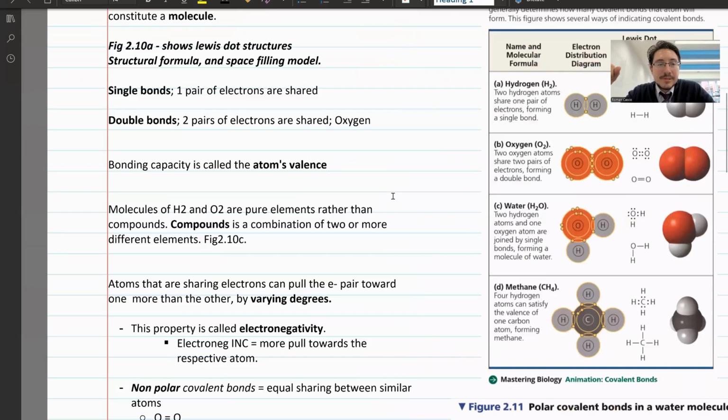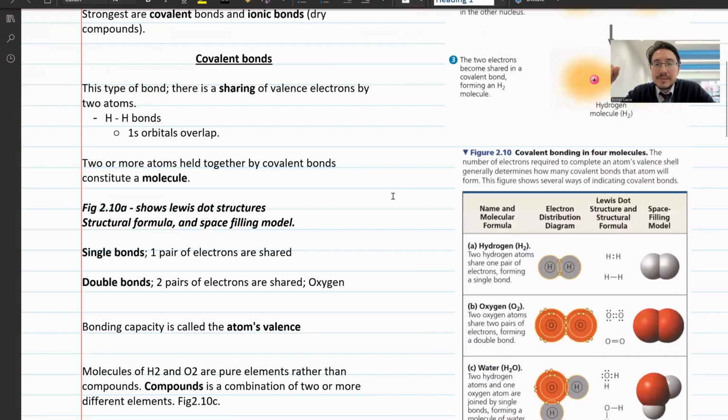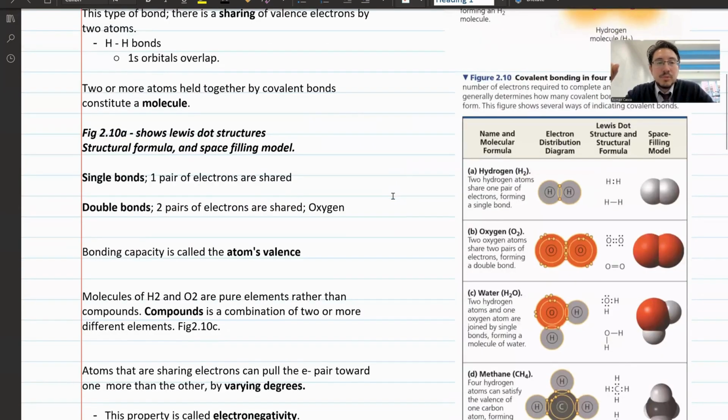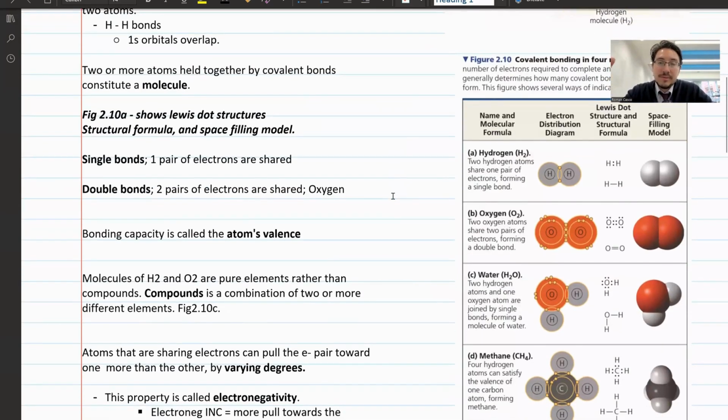Let me just go a little bit back to the notes here. When you have two or more atoms held together by covalent bonds, you refer to that generally as a molecule. What I was showing you previously is a Lewis dot structure, or structural formula.